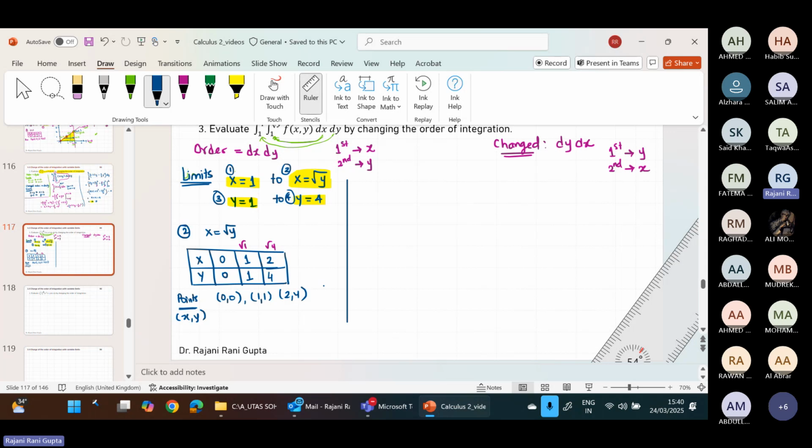Let me draw it simply. Say this is x, this is y.